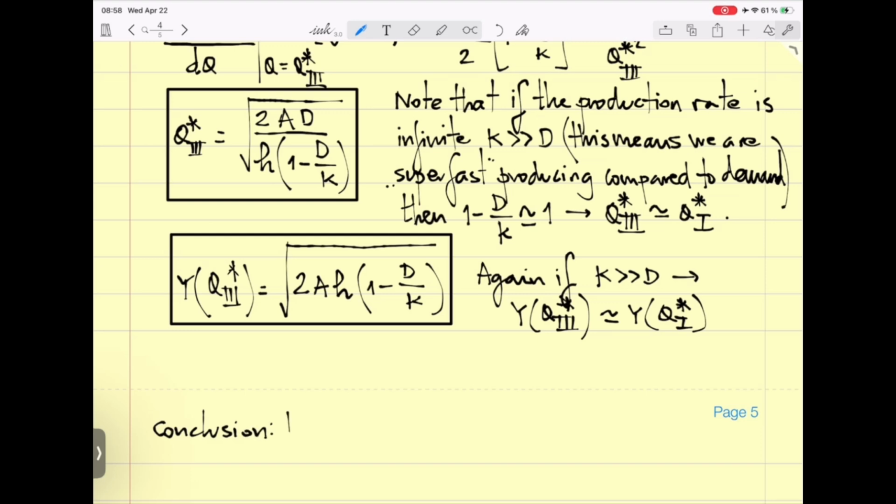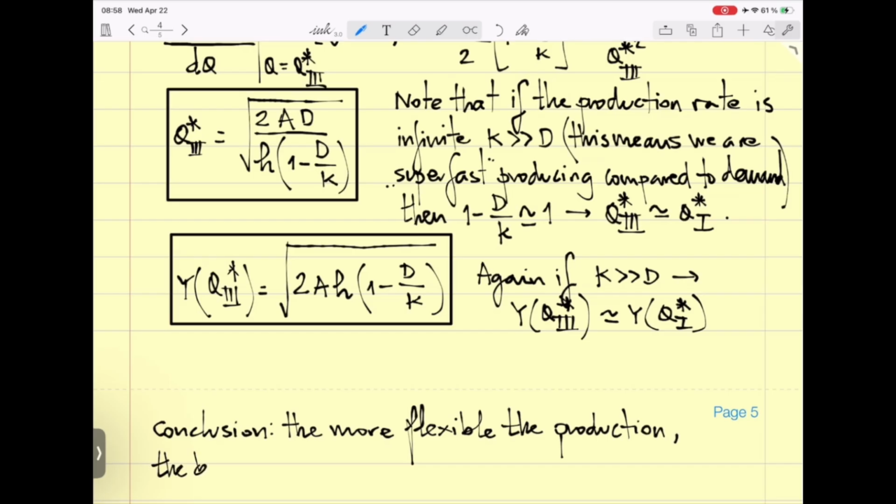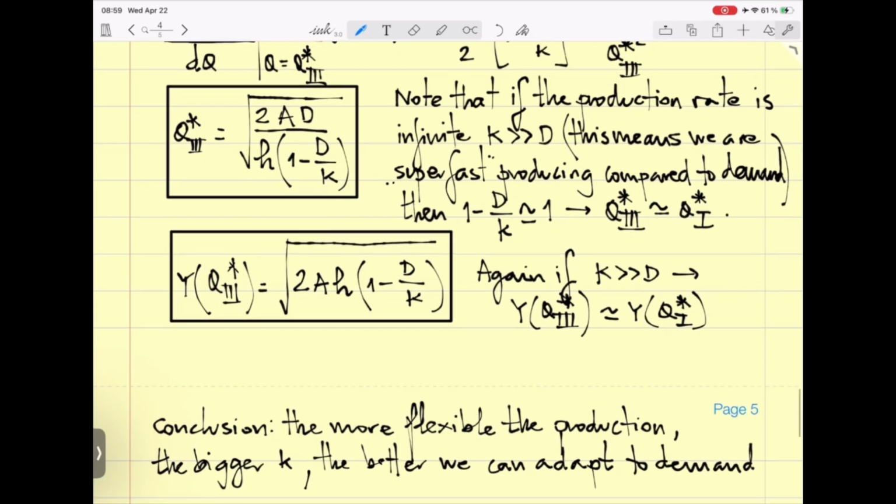Conclusion: the more flexible the production, the bigger K, the better we can adapt to demand changes.